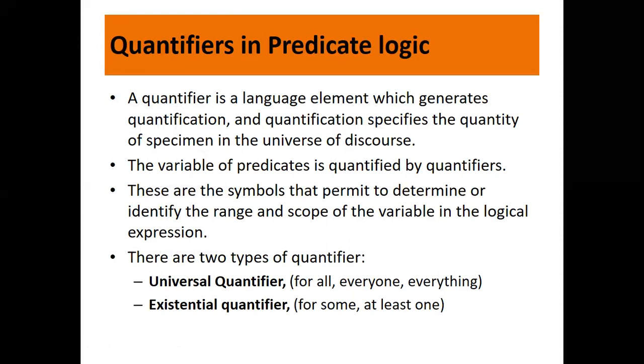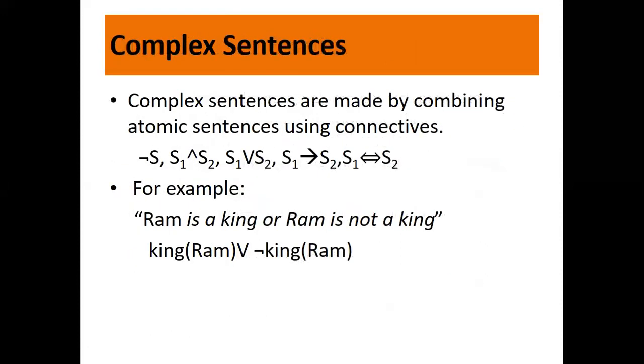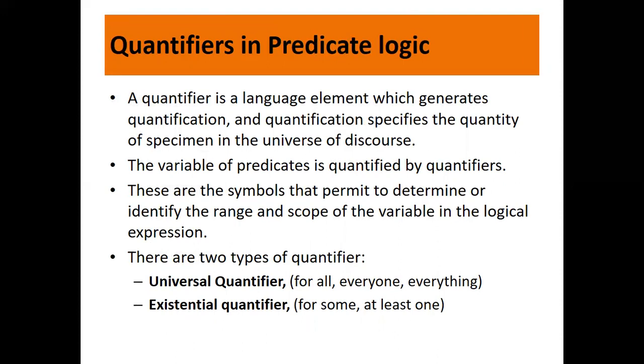Now let's look at the quantifiers in predicate logic. As I said, these are the important ones we'll be talking about. What the name indicates is that they quantify something which is countable, right? Which gives some numeric value. So here a quantifier is a language element which generates quantification, and quantification specifies the quantity of specimen in the universe of discourse, right?